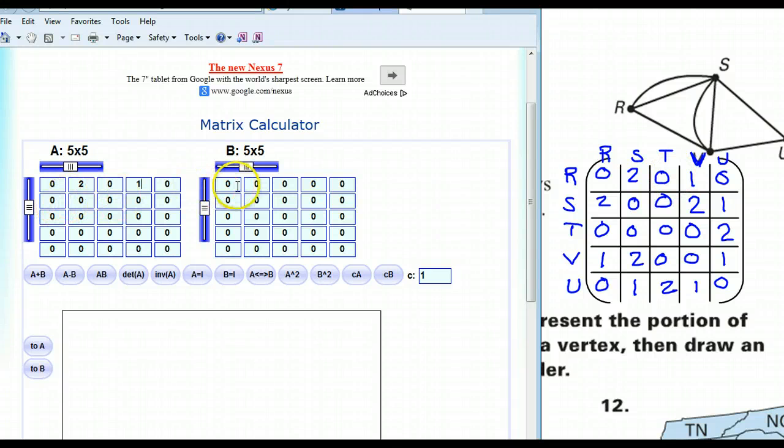Then I might as well do it here. So that's 0 2 0 1 0. And then the next row is 2 0 0 2 1. Now the last one is 4 zeros and a 2.